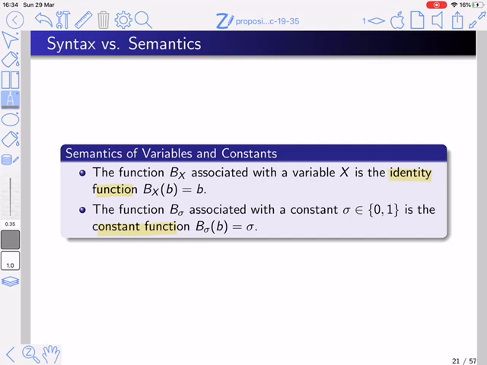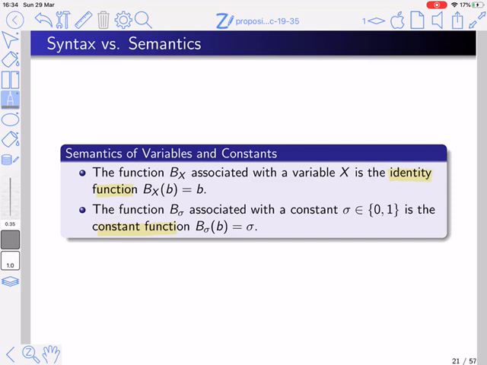We also assign semantics to variables and to constants. The semantics that are attached to a variable are simply the identity function. So the function that corresponds to a variable x is the identity function. It receives a bit b and it returns the same bit. The function that is associated to a constant sigma, where sigma is a bit, is the constant function. So regardless of the bit b that is given as input, it outputs the value sigma.